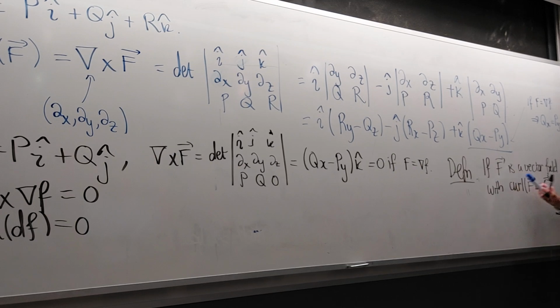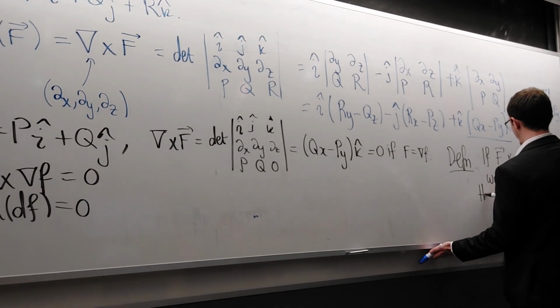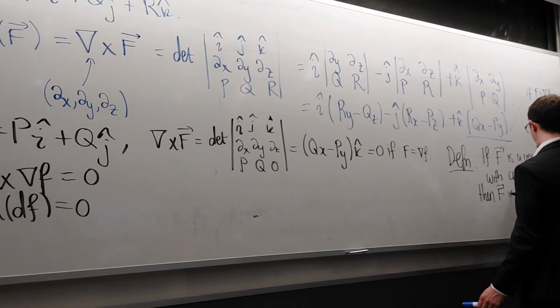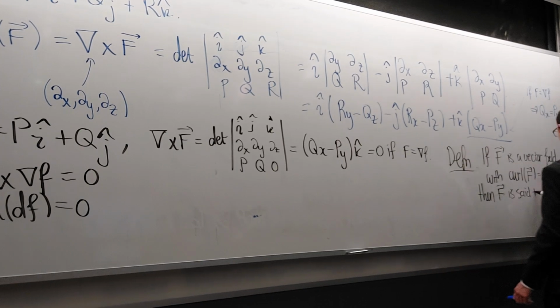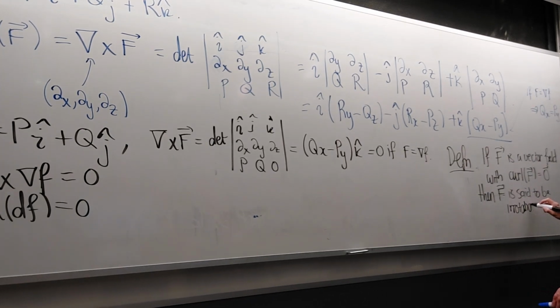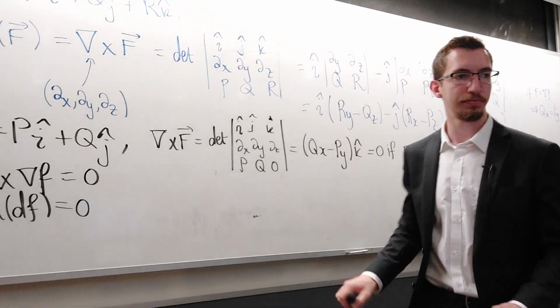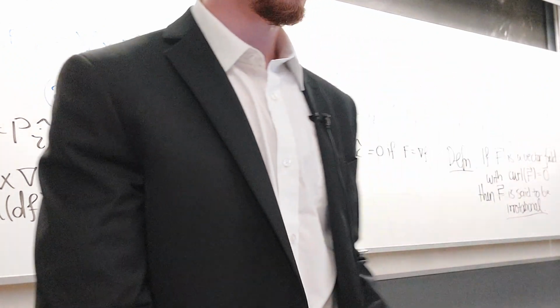So if f is a vector field with this property, then we say f is said to be irrotational. That's the definition of an irrotational vector field.